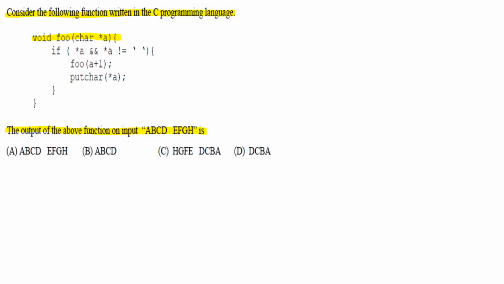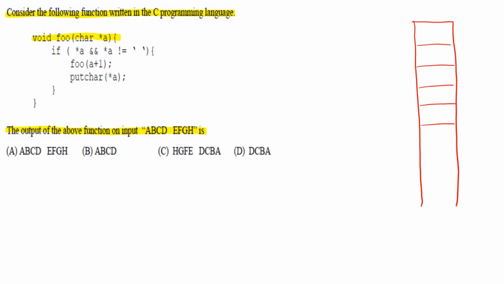So let us imagine we have the input with us: A, B, C, D, blank space, and then E, F, G, H, and then a null character.